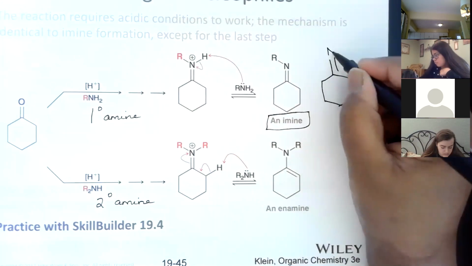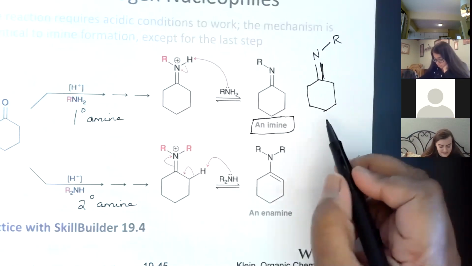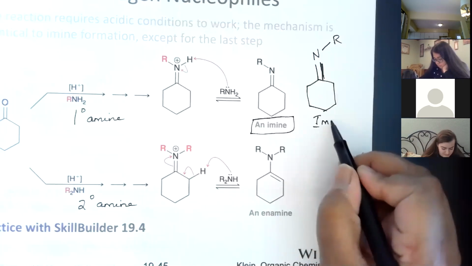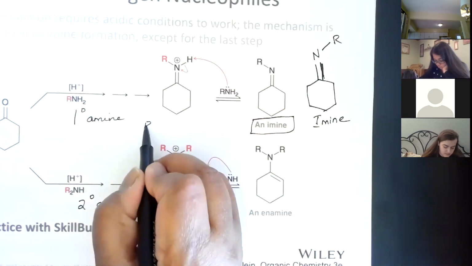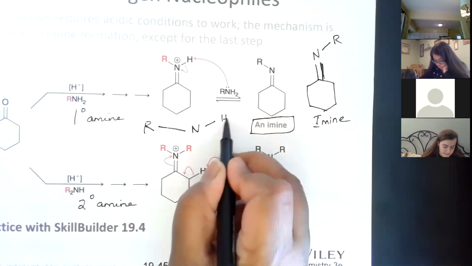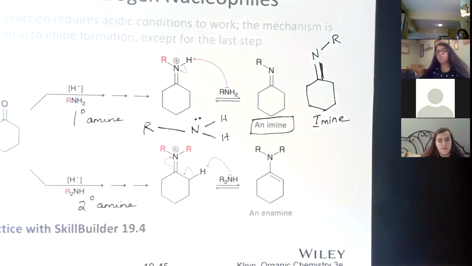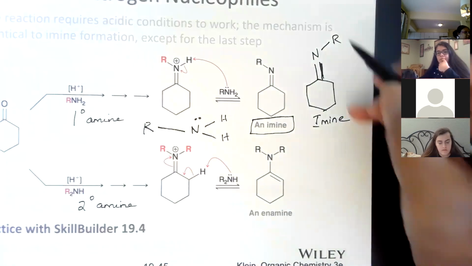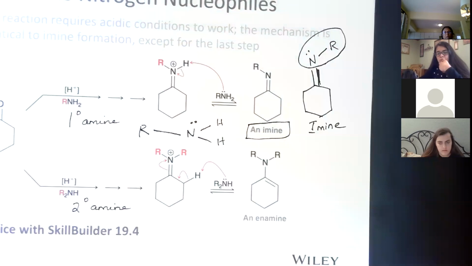Carbon-nitrogen double bond is an imine. And look at the structure of the primary amine. You have R attached to an N, one R attached to the nitrogen. And so the nitrogen at the end must be attached to the one R.